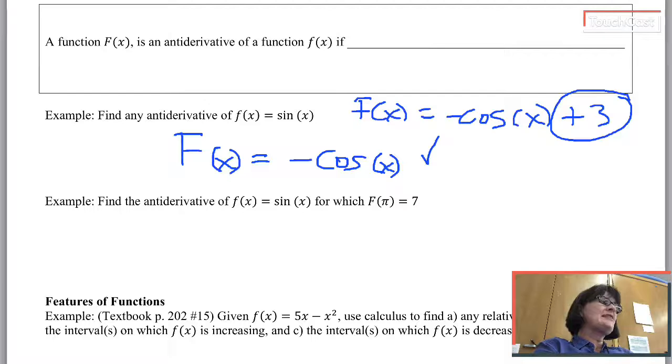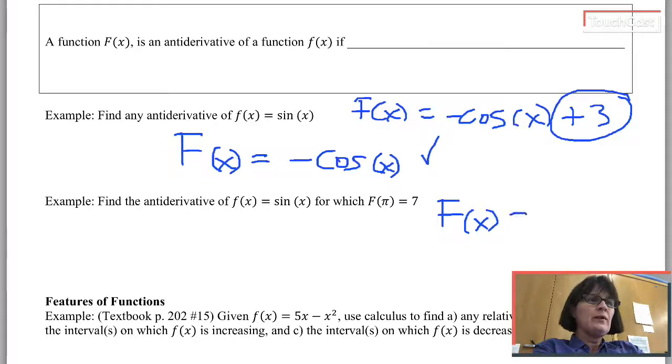So instead of saying, here's a function that's an antiderivative, I could also write an expression, a formula, a function for all the possible answers. So all the possible antiderivatives of sine of x have this form. F of x is negative cosine of x plus a constant.